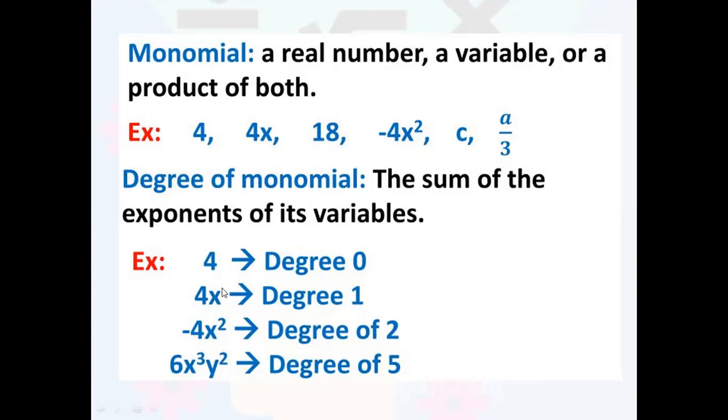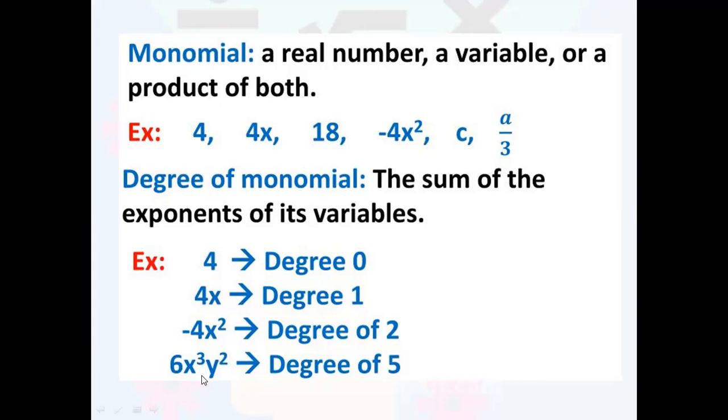As you know, there is always an invisible 1, but a number alone is 0. So here we have an exponent for x as well as y. So we just add the values of these exponents. Here we have 3 plus 2, so the degree of this monomial is 5.